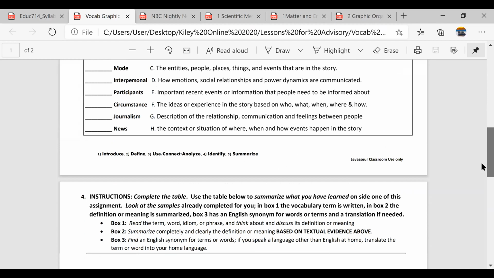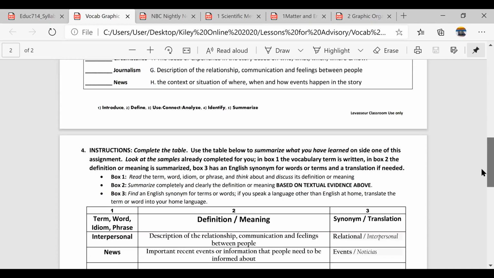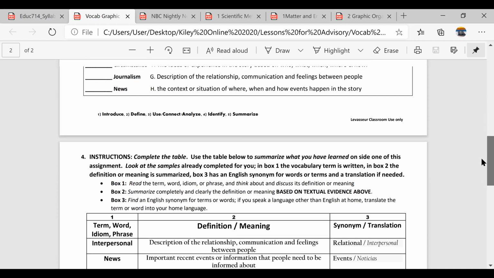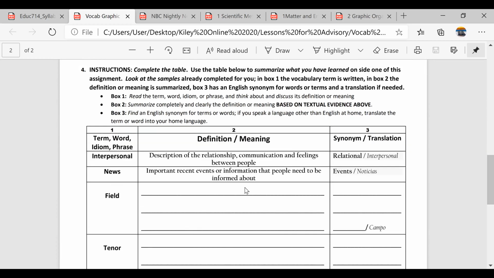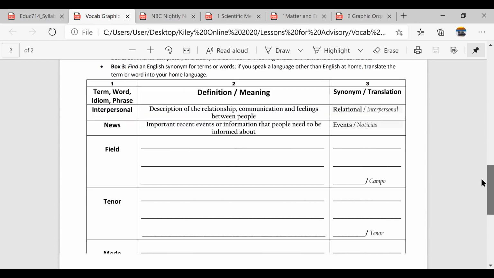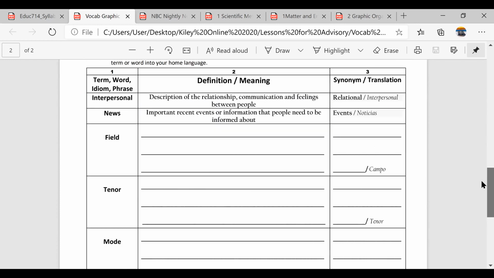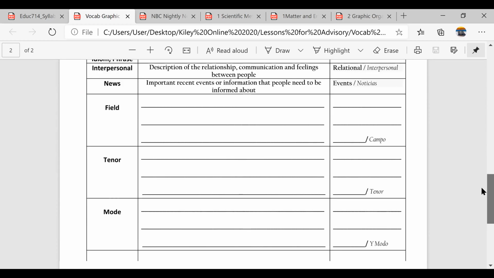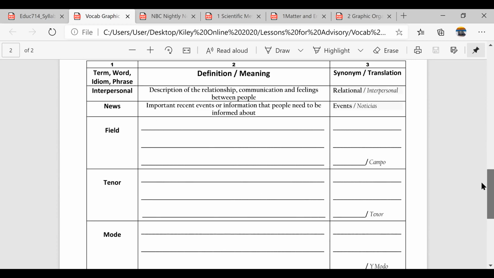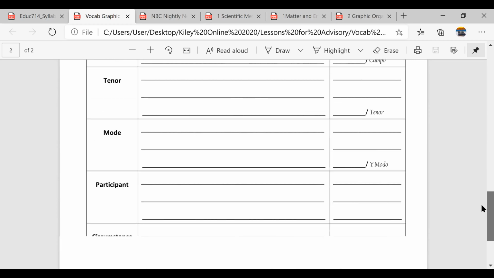And so underneath there, you see that what I'm doing is I'm introducing, I'm defining, I'm connecting. And now the last part is identify and summarize. So this is the identify part, and then summarize. So each word is dropped down the left-hand side. Students define it. They give a synonym or a translation into their home language, or a synonym if they're an English speaker.